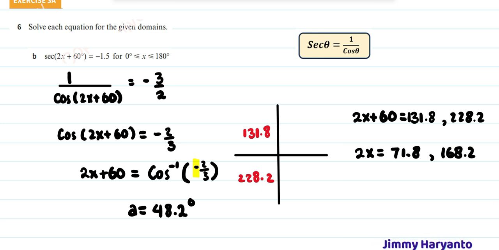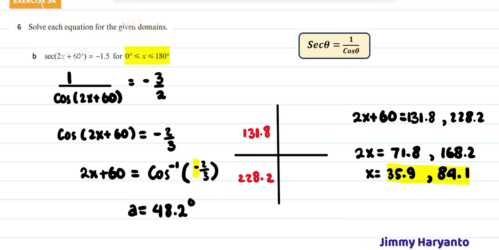And then divide them all by 2. 71.8 divided by 2 equals 35.9, comma, and this one is 84.1. Okay, because the boundary is only until 180, I think these are the only answers that we can get.